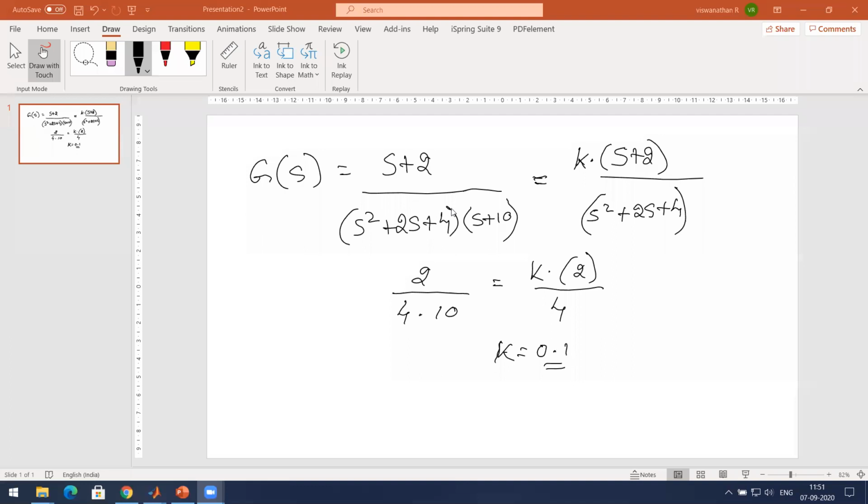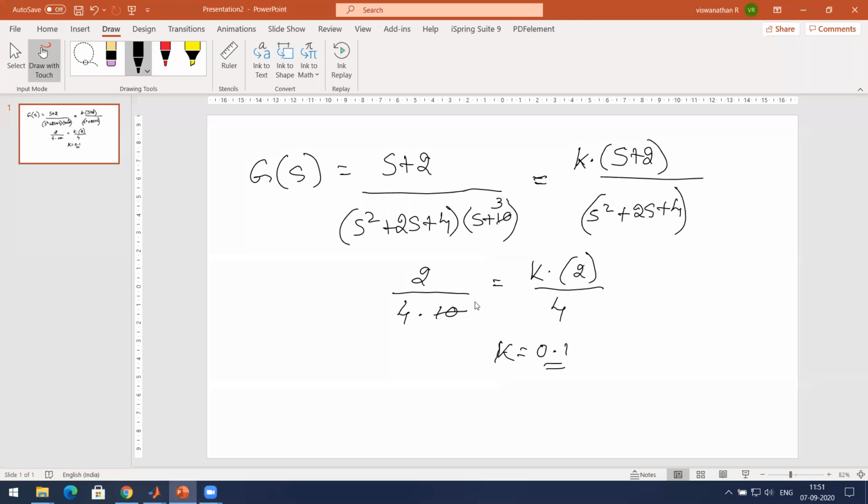For example, let's change the value here. I'll take it as s plus 3. Then what will be k?